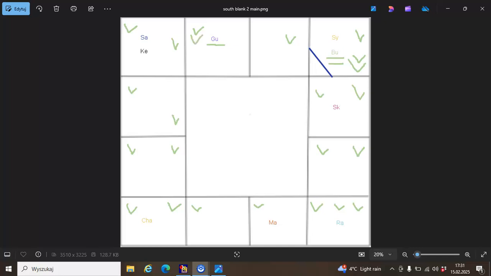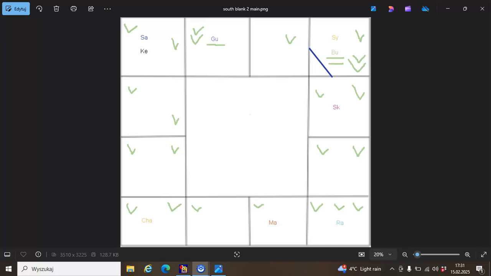Guru has moved 12 signs or houses or places away from the sign it owns. So the Mahadasha of Mina will consist of 12 full years.